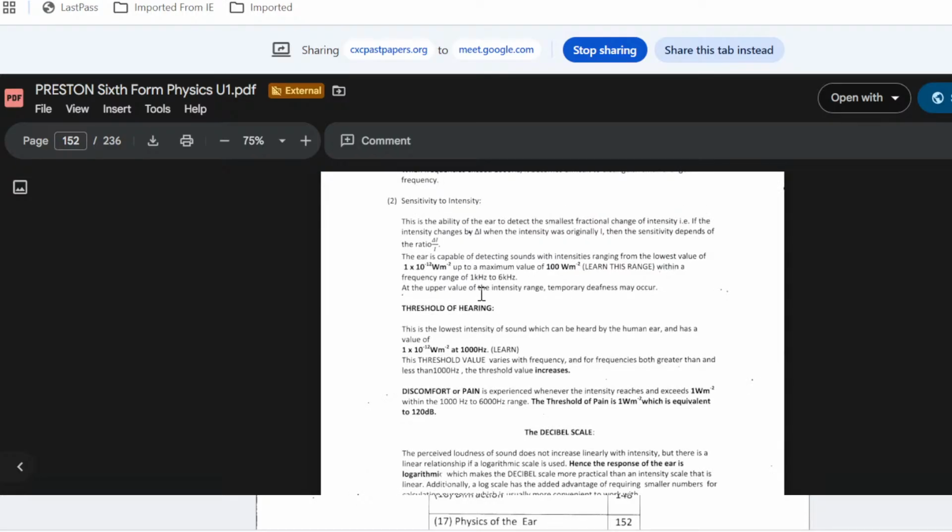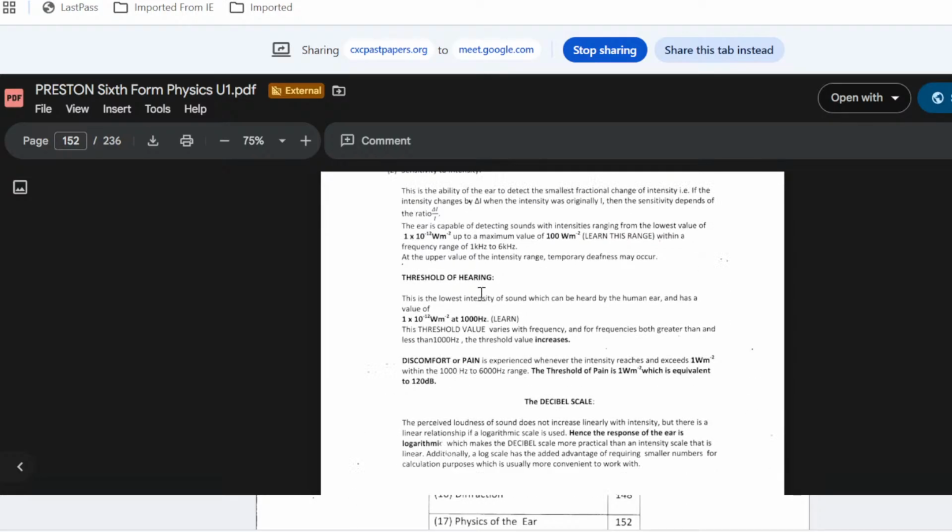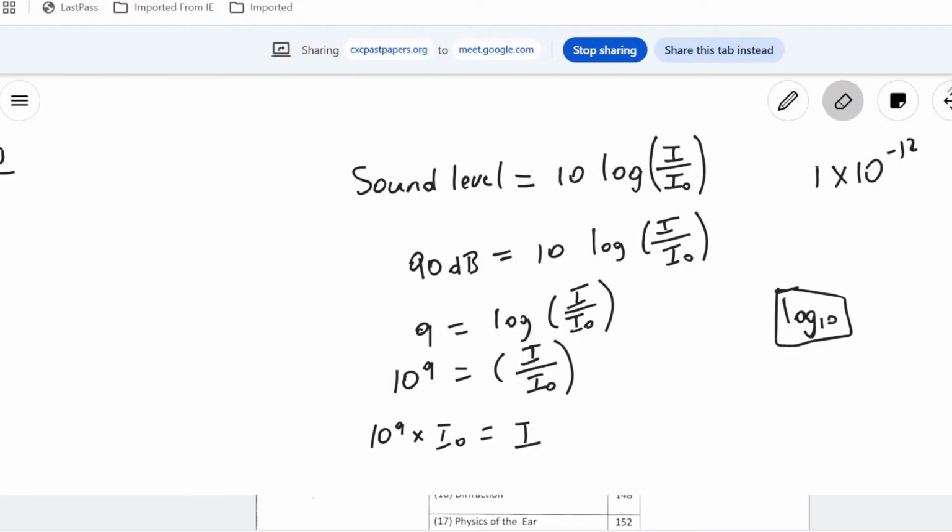If you look at the unit of the threshold, we know the unit for the threshold is watts per meter to the -2. So it kind of gives you a clue as to what the intensity is.